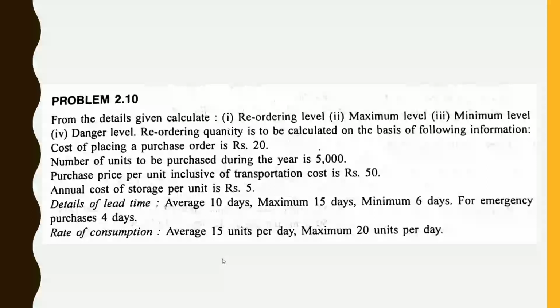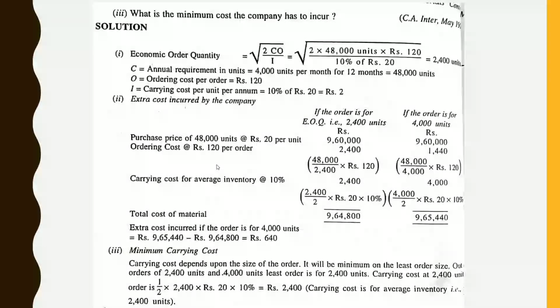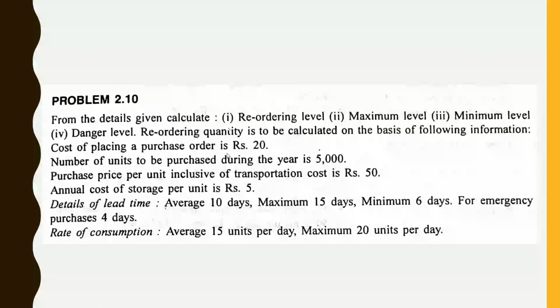But here, danger level is given, so that's why we are again discussing this. So let's try at home these three questions, particularly this question, then this question, very important, and lastly this question. All these questions have already come in the examination. I am forgetting which year, but they have come.